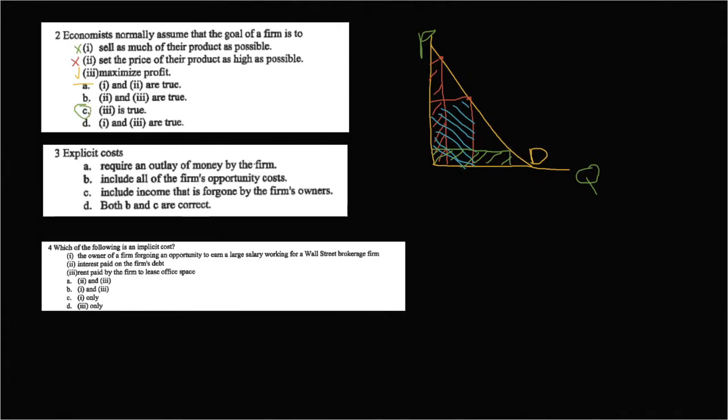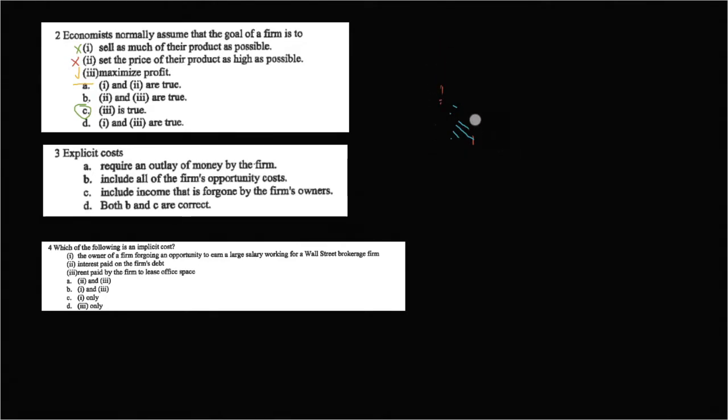Alright, explicit costs. Explicit costs are the costs you directly pay that are not an opportunity cost. So for example, if you wanted to pay wages, like in the previous question, the startup cost is something that would be a fixed cost, or like rent, or anything like that.